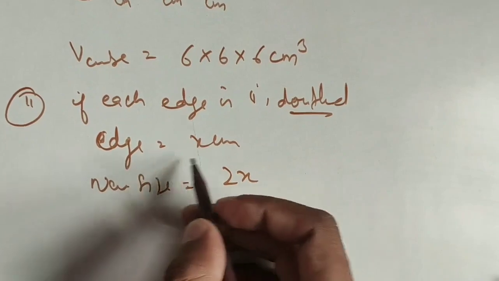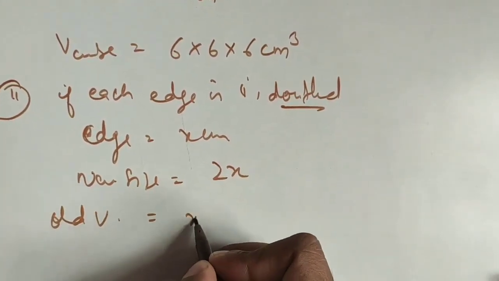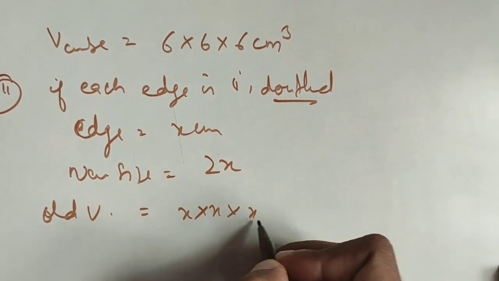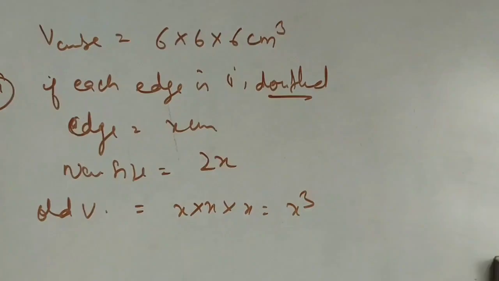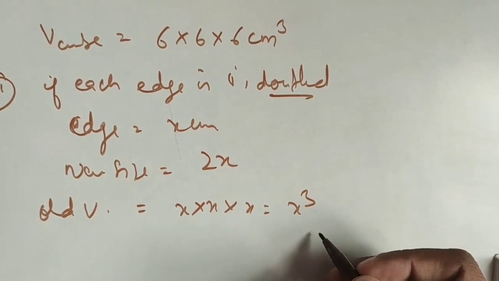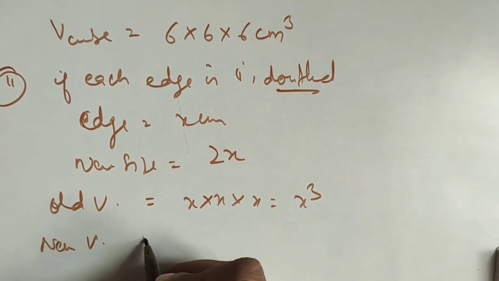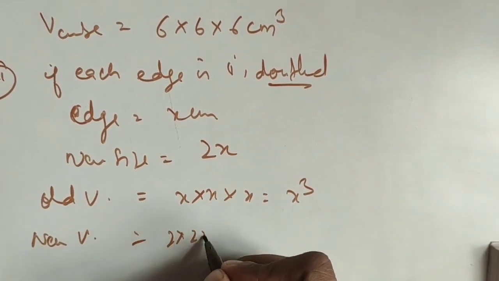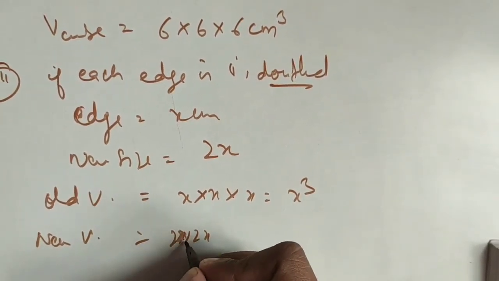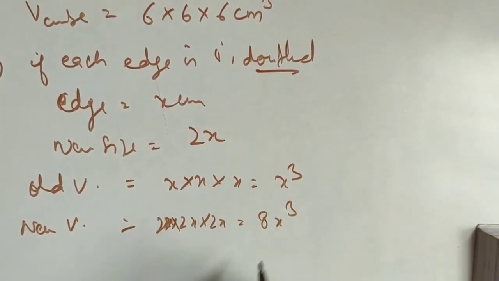Okay, now earlier old volume will be x into x into x, so x cube. Okay, x cube will be the volume, and the new volume will be 2x into 2x into 2x, 3 times, so it will be 8x cube.